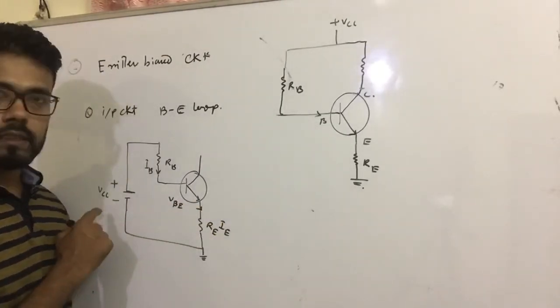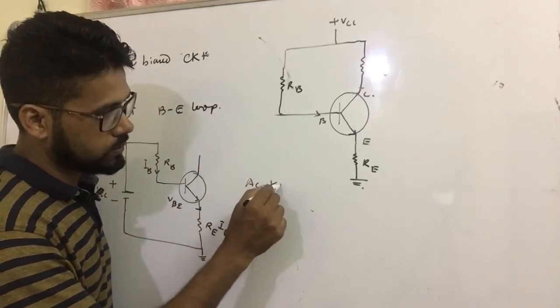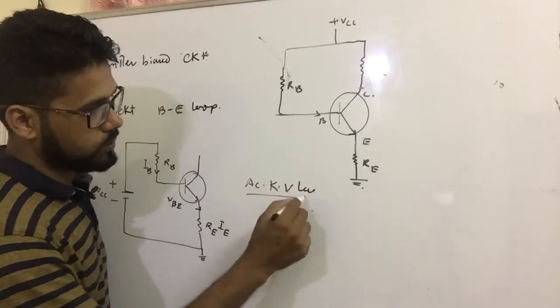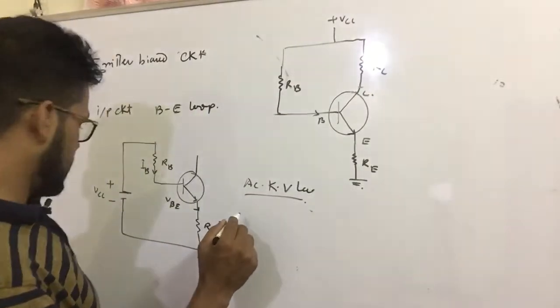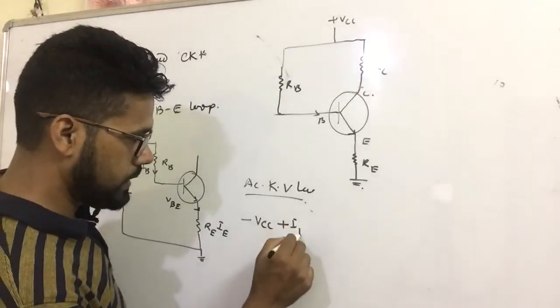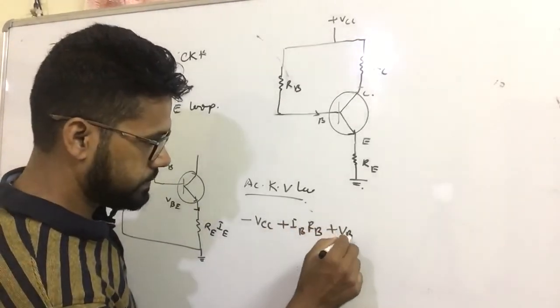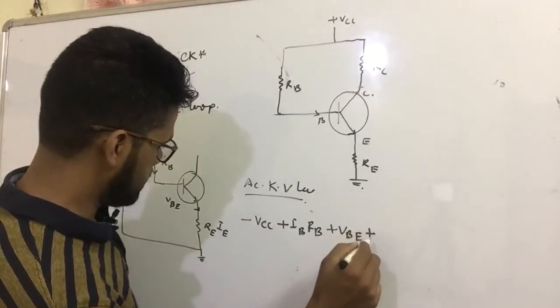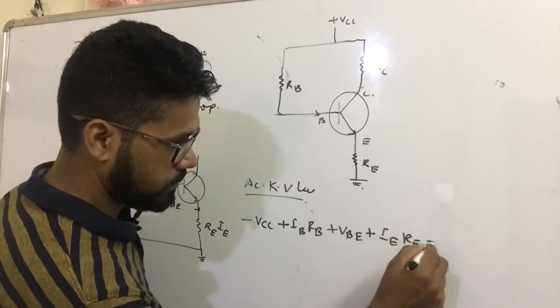Then we start according to Kirchhoff's voltage law. So, minus VCC plus IB RB plus VBE plus IE RE equals 0.